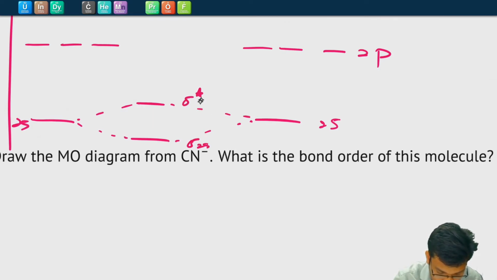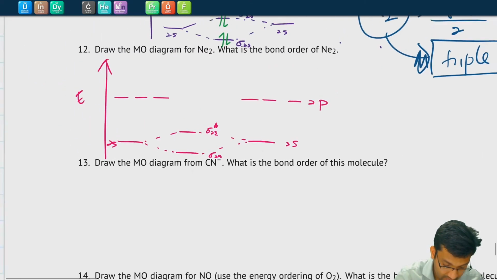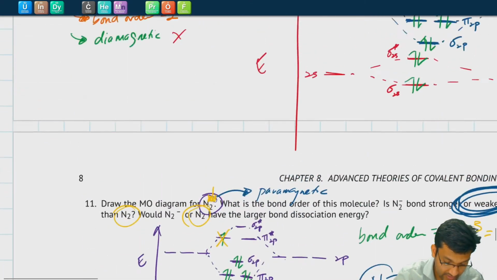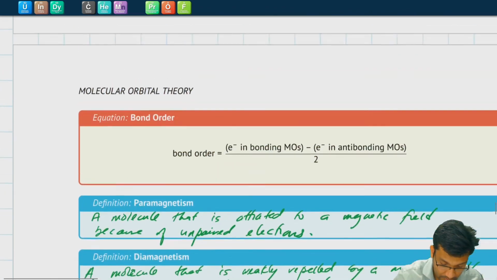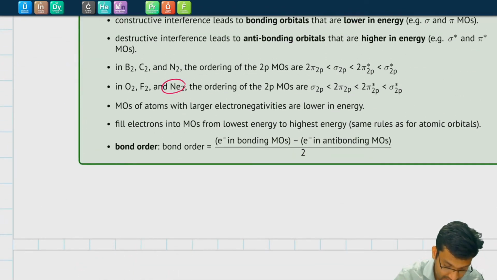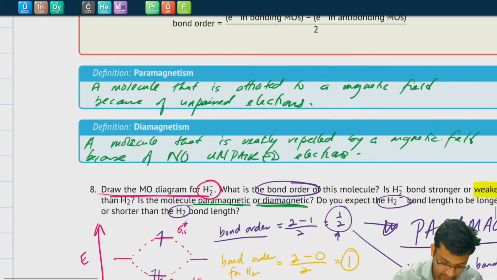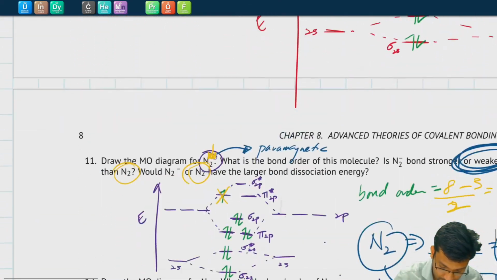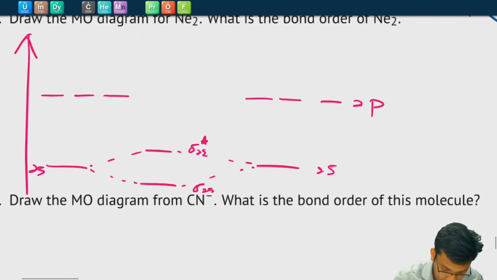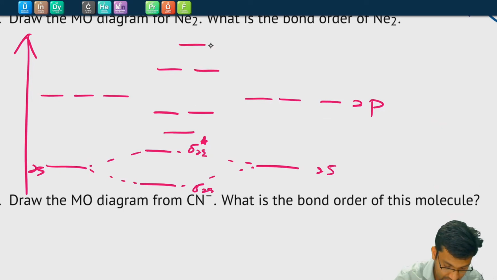They come from the 2s, so let's put 2 s's there. What about neon and the 2p orbitals and their energy orders? Let's scroll up. Neon is here. Their energy orbitals are sigma, then pi, then pi star, then sigma star. So let's do that. That's sigma, then 2 pi's, then the pi stars, then the sigma star. Little dashes show how they come together.